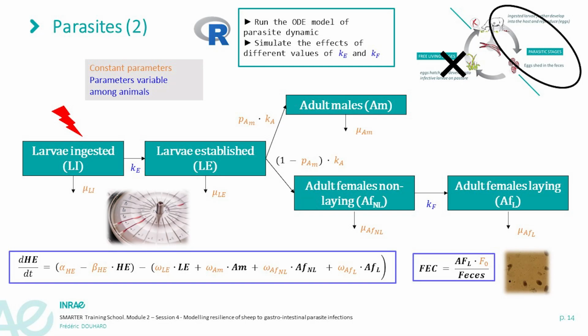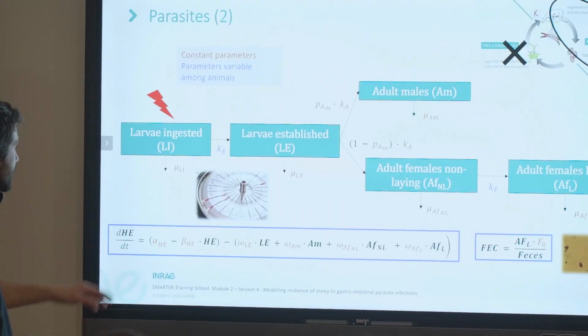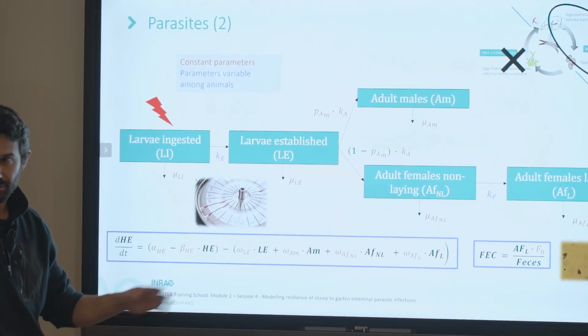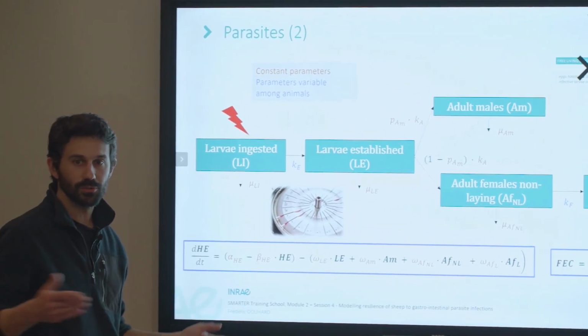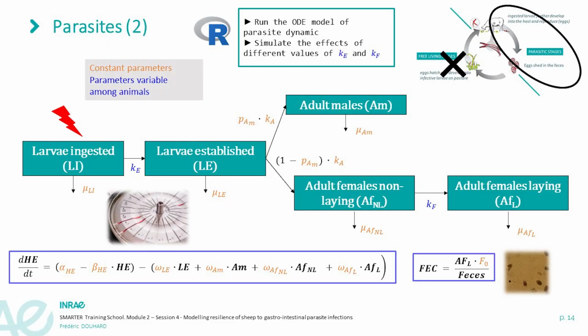And you can see that you have two kinds of parameters. You have parameters that are constant, that won't change from one animal to another. And you have parameters that will change. And these are basically this one and this one. And this is based on assumptions that host resistance is controlled at the level of the establishment, and it's also controlled at the level of the fecundity.